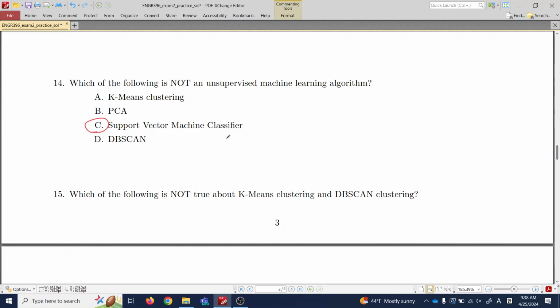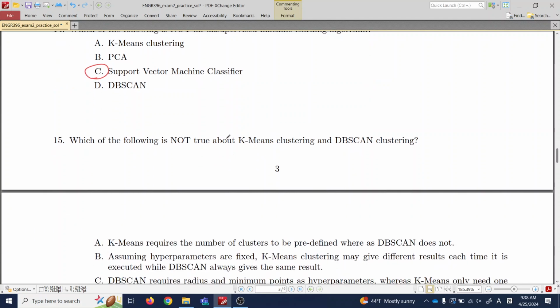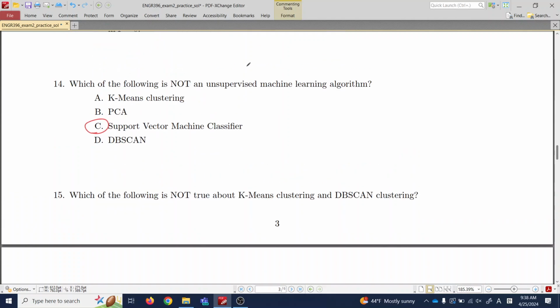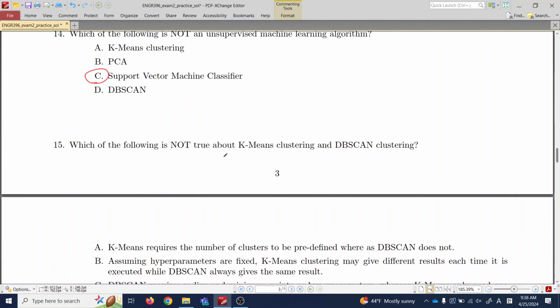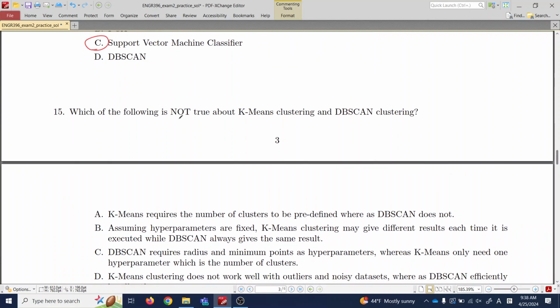Remember when we did the support vector machine classifier for digit recognition? We had to give it labeled data. We had to feed it multiple images with this is a 0, this is a 1, and give the machine several examples of it, right? So C is an example of a supervised machine learning algorithm.